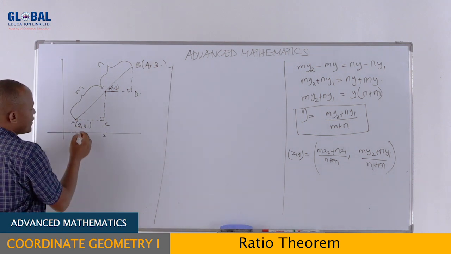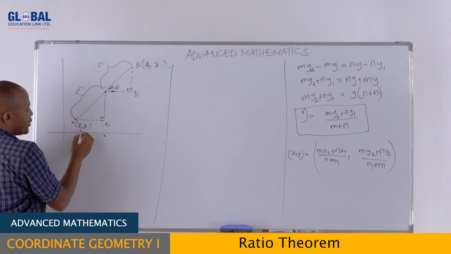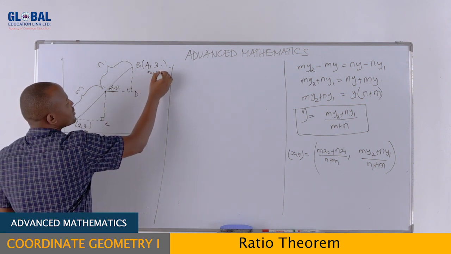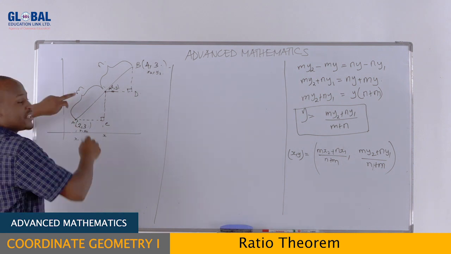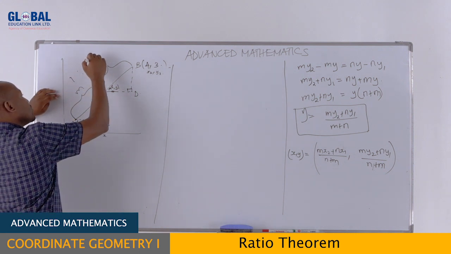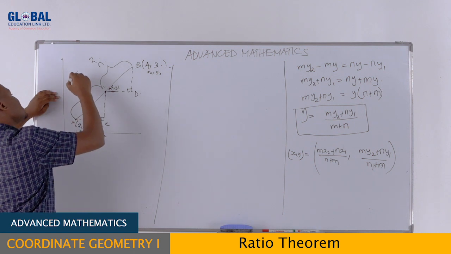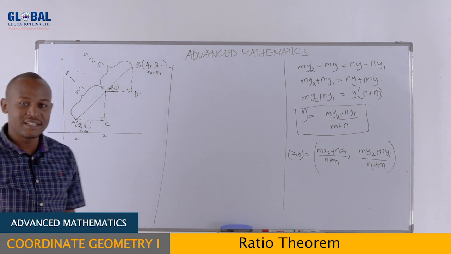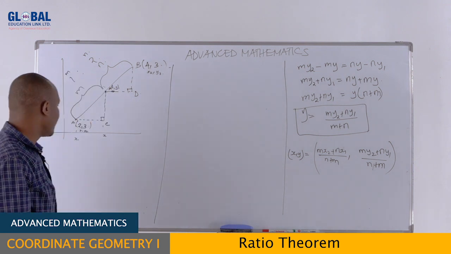That is to say, this is x1, this is y1, and this is x2, and we have a ratio that is 1:2. That is to say, this is m and that is n. So it is fairly easy. How can we find that?